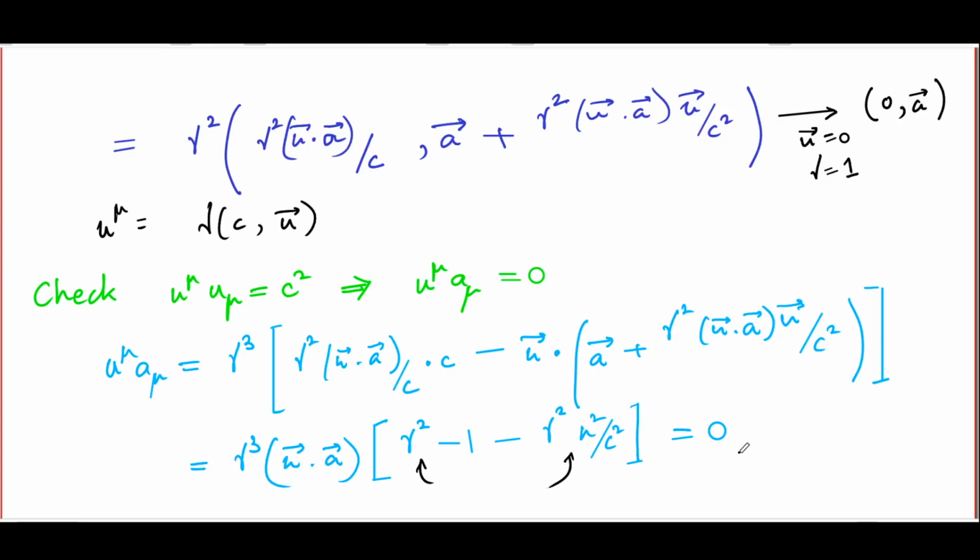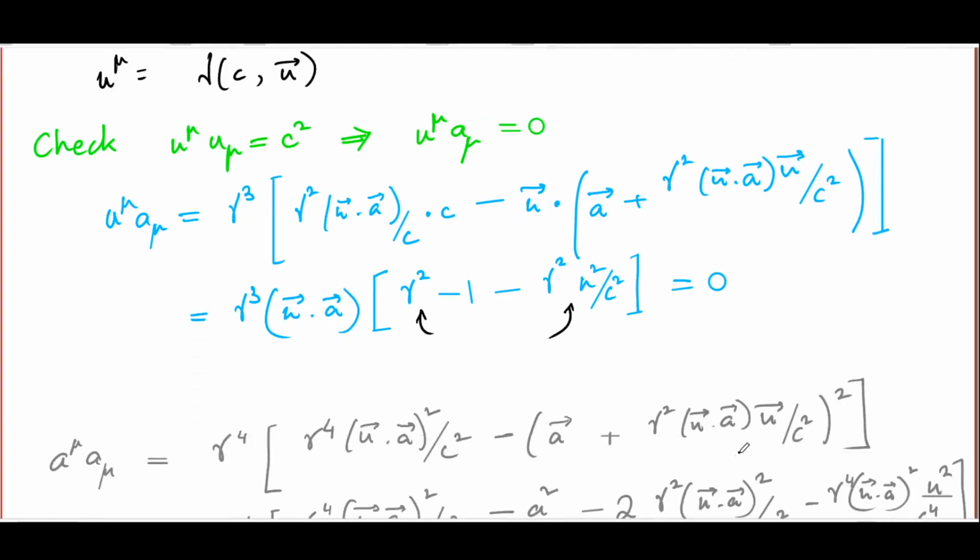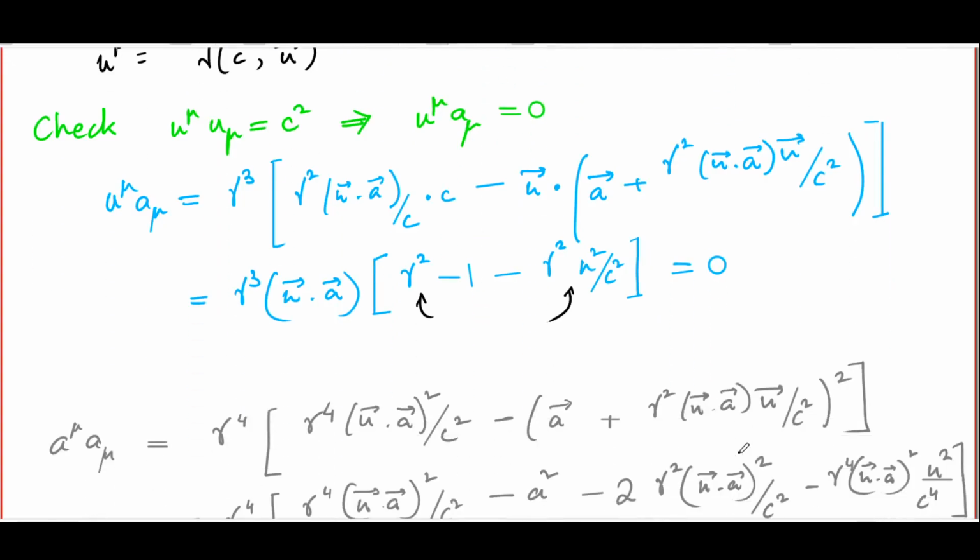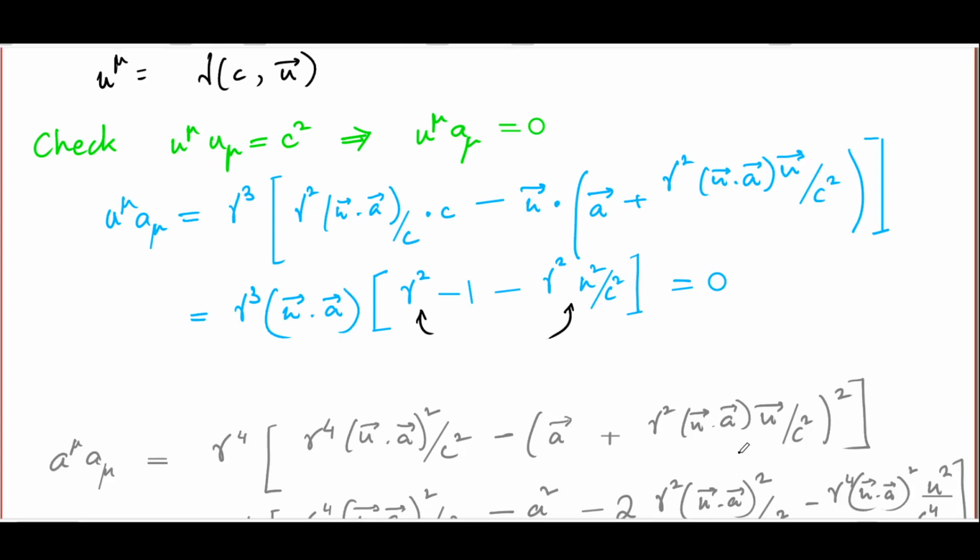What about the norm or square of the acceleration vector? If I form a mu a mu, that's not really very complicated. All you have to do is square the temporal part and subtract from that the square of the spatial part, that is its dot product with itself. So this is what you are going to get from there.